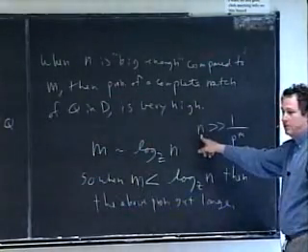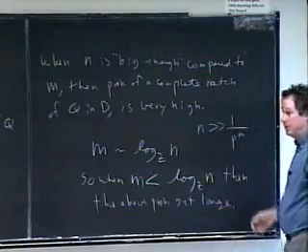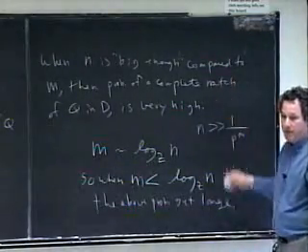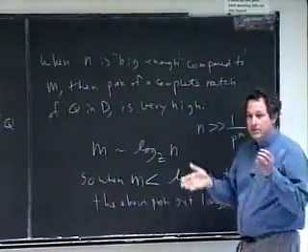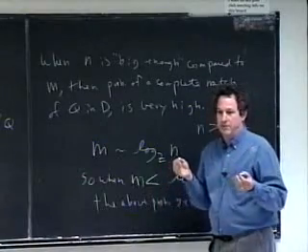N doesn't have to be that huge in comparison to m before this looks like a reasonably good probability of a match somewhere. So these are very different kinds of phenomenon.